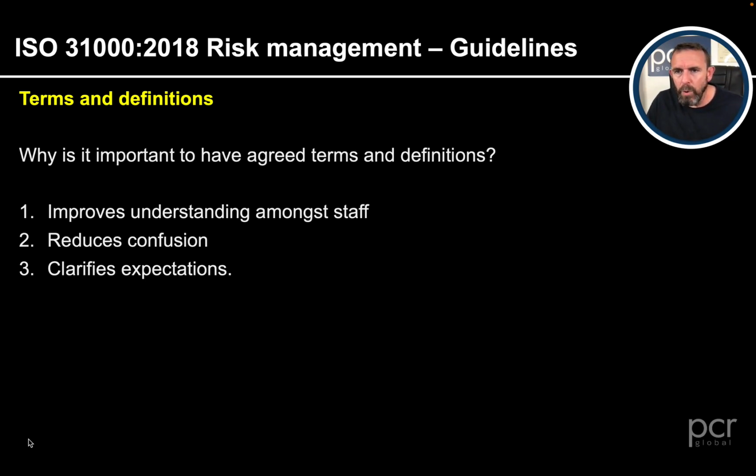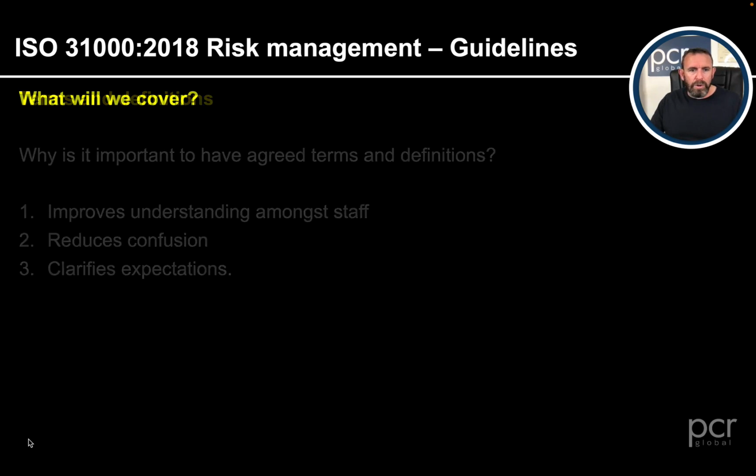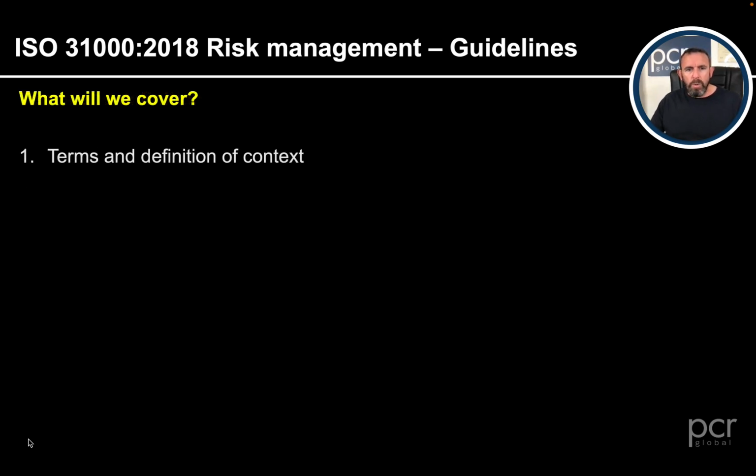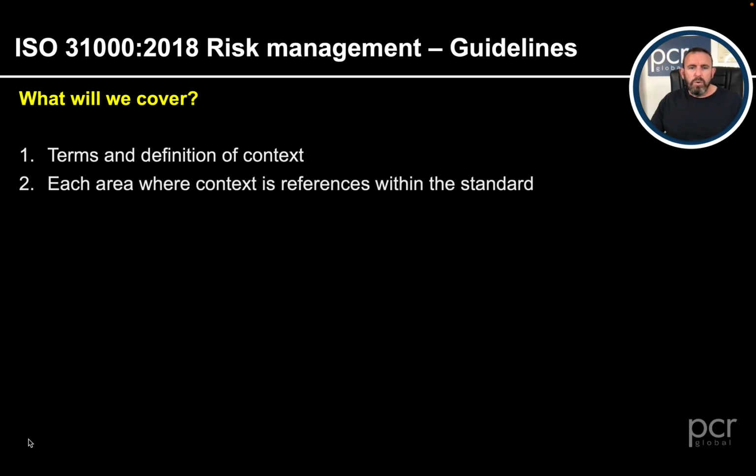And I suppose we've all been there when we've received direction and it wasn't that clear. So it's really important, if we have agreed terms and definitions, that it will assist in organisational efficiency. So what we're going to cover: terms and definition of context. We're going to cover each area where context is referenced within the standard. That's 20 areas.